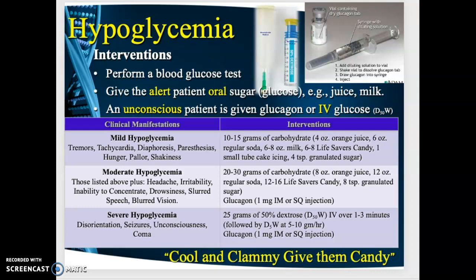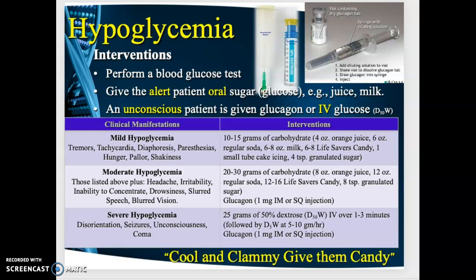Now, I want to highlight a couple really important items here. If your hypoglycemic patient is awake, alert, oriented, then the best way to give them sugar would be by mouth. So give them oral sugar, some type of juice, milk, candy, something like that would raise their blood sugar levels up.